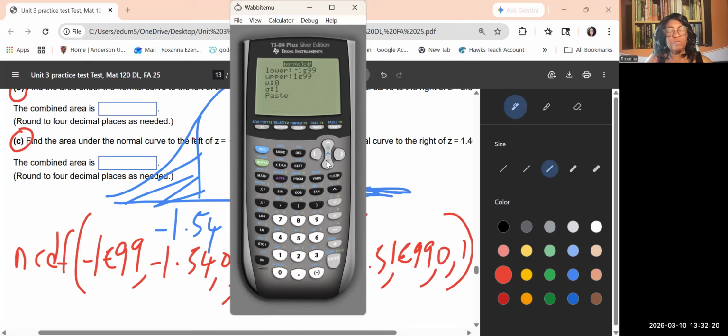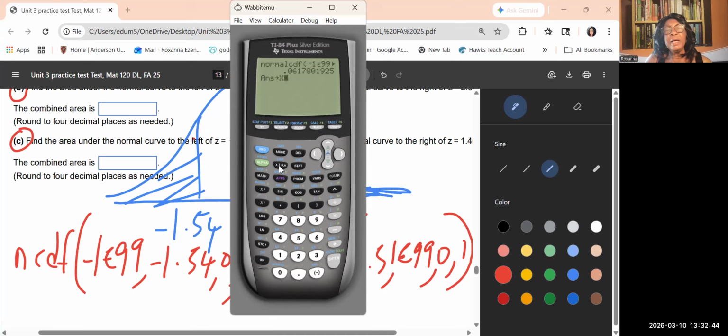Negative 1.54, negative 1.54. And the mean is 0. The standard deviation is 1 for a standard normal curve. So I'm going to hit enter, and I'll be careful to store my answer in X.